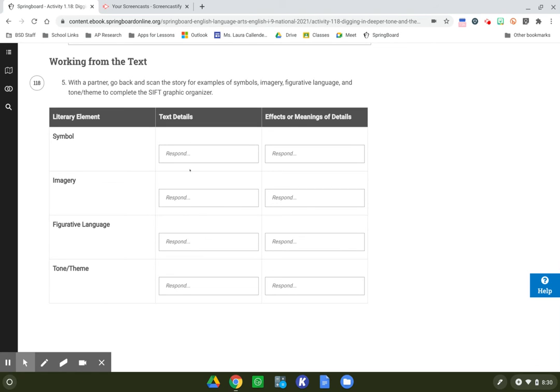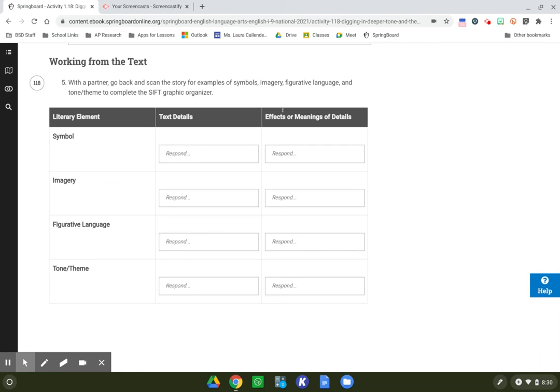So here's an example. I said a moment ago, perhaps the rain was a symbol of something. So I could put rain under text details. It was raining in the morning. And later on, there are references to rain. Rain is in the title. Perhaps the effect of the repeated rain is to show that everything is dreary, that it's gray, and it's almost as if the world is crying.